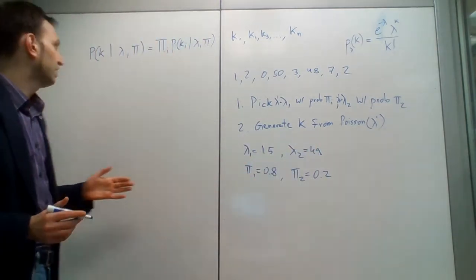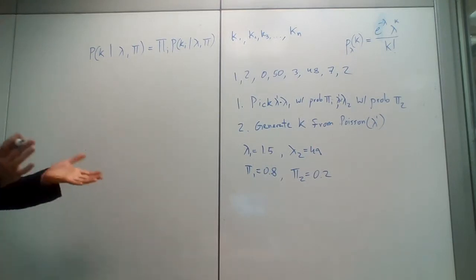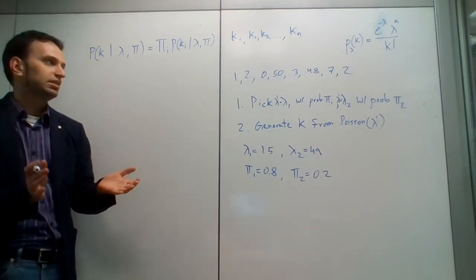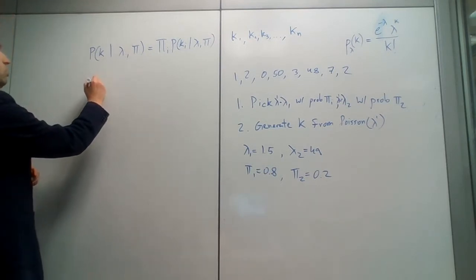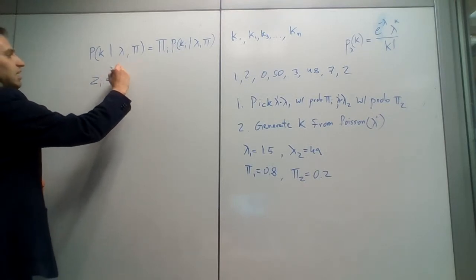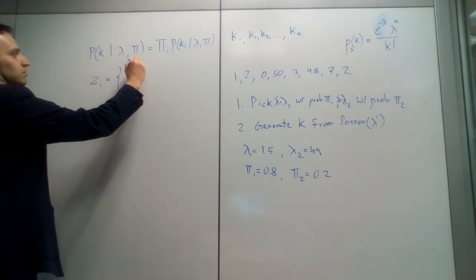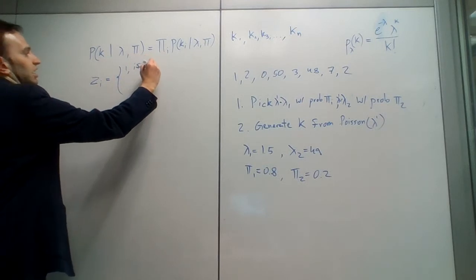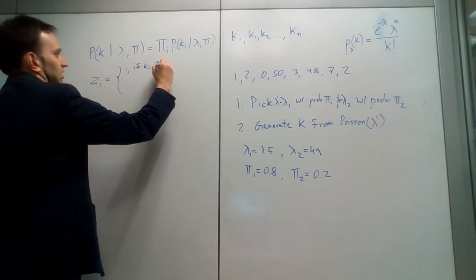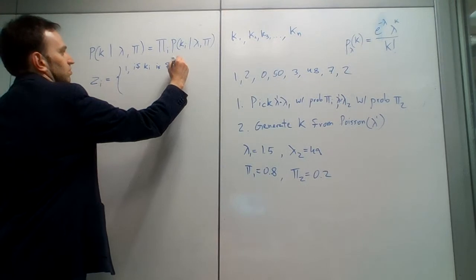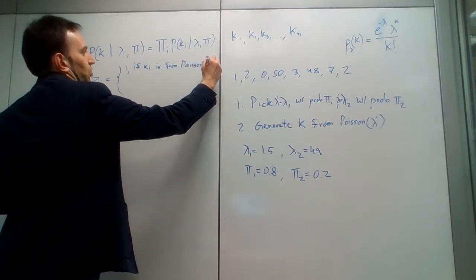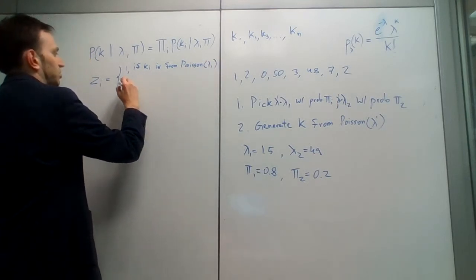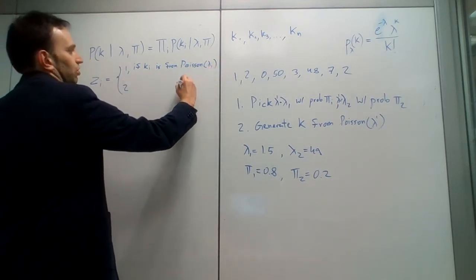So the way we solve it, like we did in the mixture of Gaussians example, is by making up a new variable. We'll call it z_i, and z_i is going to be 1 if k_i is from Poisson lambda 1, and it's going to be 2 if it's from Poisson lambda 2.